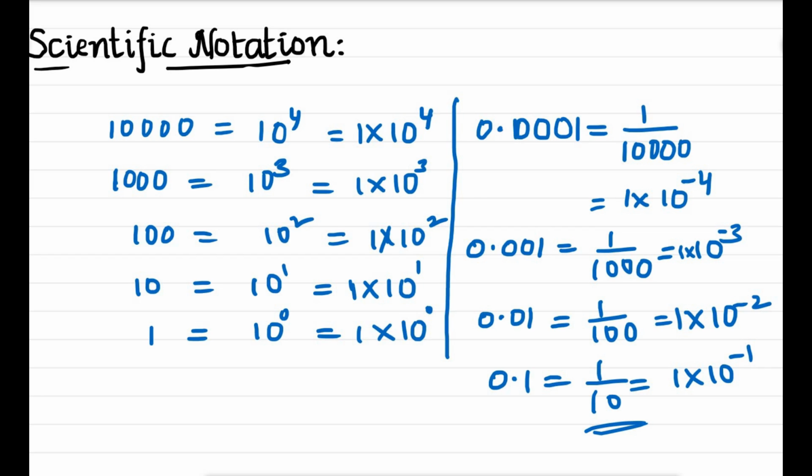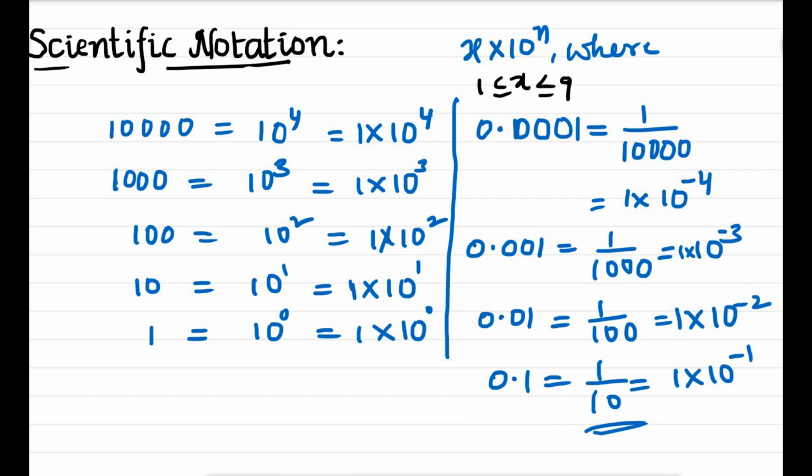Scientific notation means a number of the form x into 10 to the power of n, where x must be between 1 less than or equal to x less than or equal to 9.